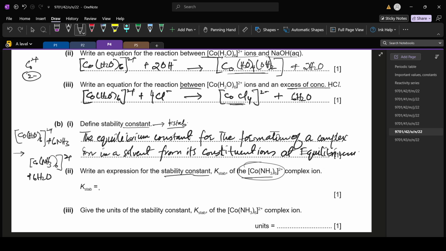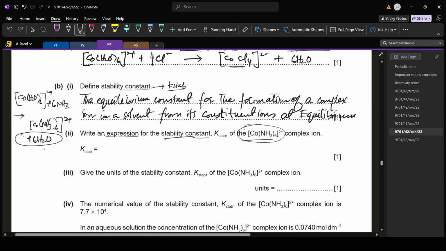Now you have to write the K stability expression for this complex. In the K stability, we don't include water molecules because water is acting as a solvent. So we will not write the concentration of water in the K stability.